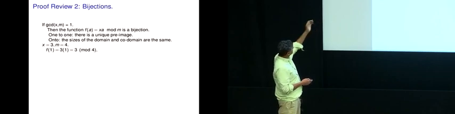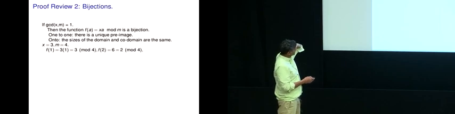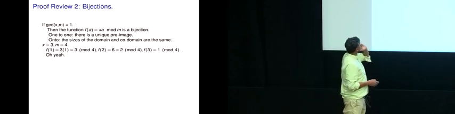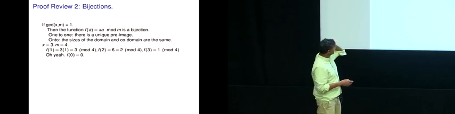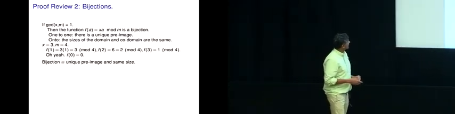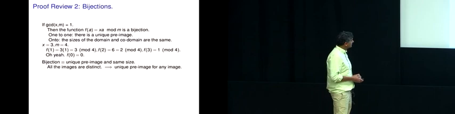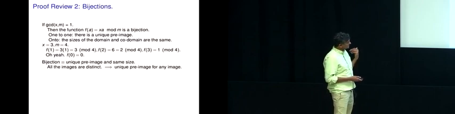We're multiplying all these numbers by 3. That's what x is. And f of 2 is equal to 6, 2 times 3, and so on. Now, those are all different. You also have to do 0. For this one, it's a unique preimage and the same size. So that's why it's a bijection. All the images are distinct, which means there's a unique preimage for any image.